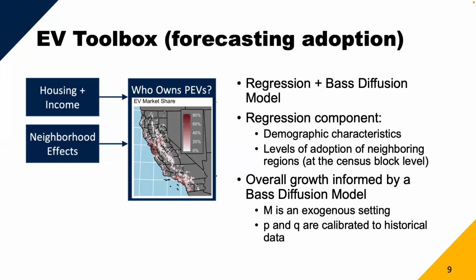M is the potential adopters. So it's like the highest threshold you could get. So in this model, the way they determine that, which you know, there's some disagreements about how this is done, but the idea is like, what's the most number of people who could adopt an electric vehicle?